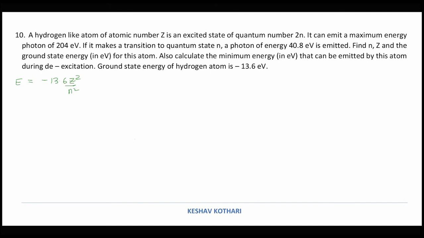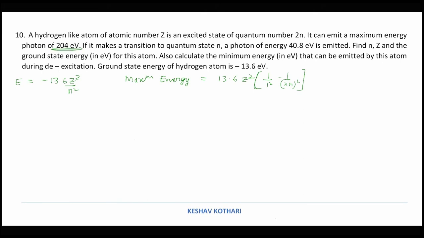So the maximum energy can be written as 13.6 Z square times (1 by 1 square minus 1 by (2n) square). This is going to be the value of maximum energy, which is equal to 204 electron volt.